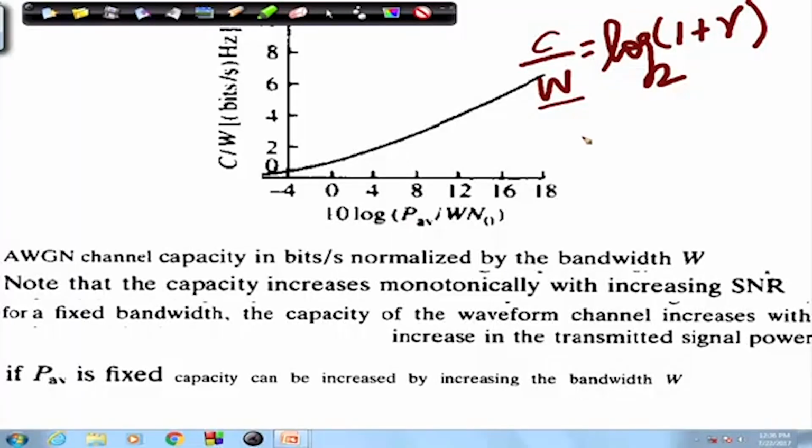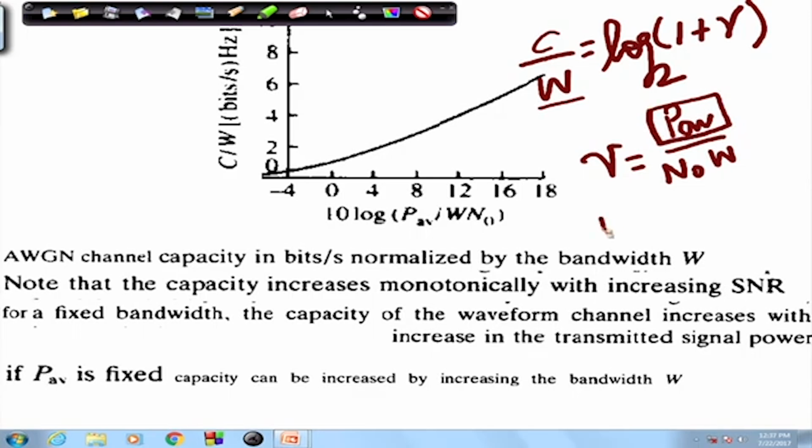Now, let us look at what would happen if P average, the average transmit power, divided by N naught W is the expression for gamma. If I want to keep P average constant, but increase W indefinitely, then what happens?